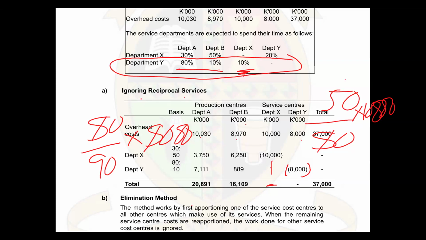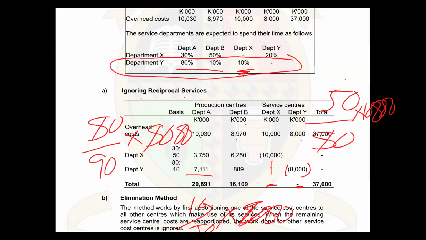Yeah. Then for department B, you say 10 divided by 90 multiplied by the same 80,000. You should be able to get 8,889. So that means we have remained with nothing in department Y as well, because everything that was in department Y has been shared.